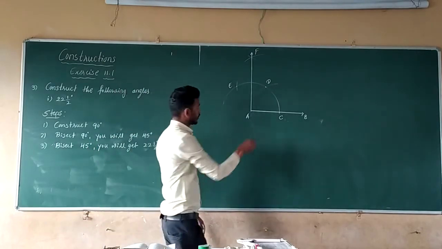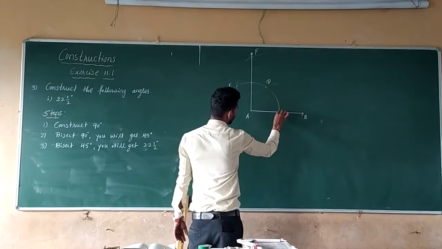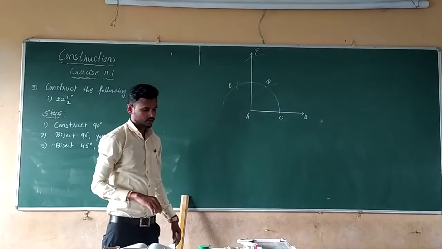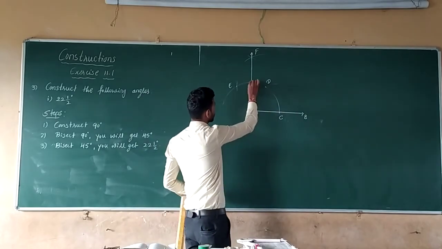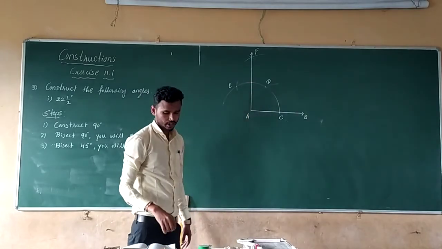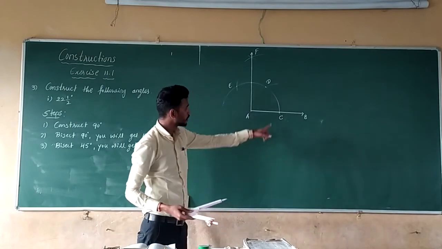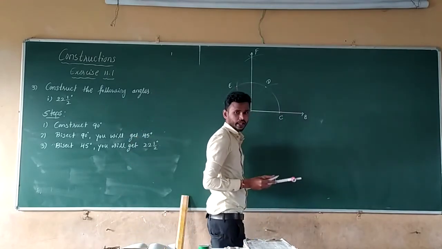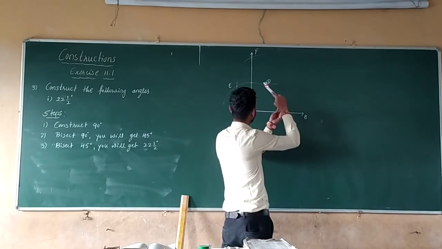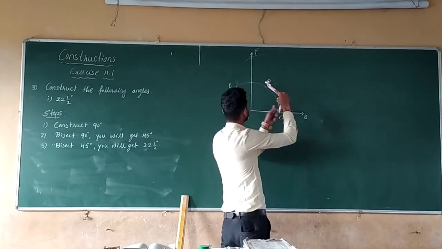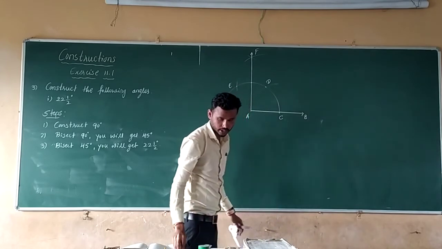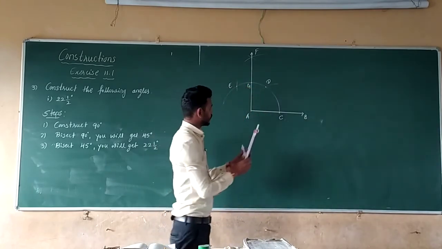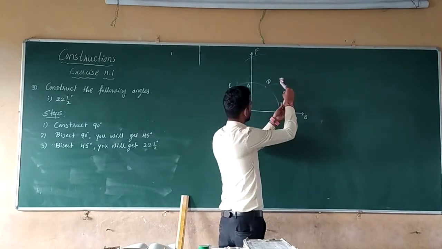And bisect 90 degrees, you get 45 degrees. You know how to bisect. These are the two points on the two rays. So taking C and this point as centers, bisect the 90 degrees. How will you bisect the angle? Take more than half of the length of C and this point, take it as G. Take more than half of the length of CG.